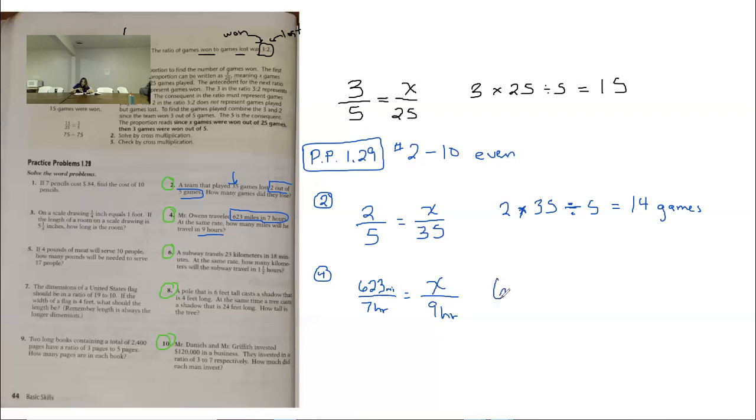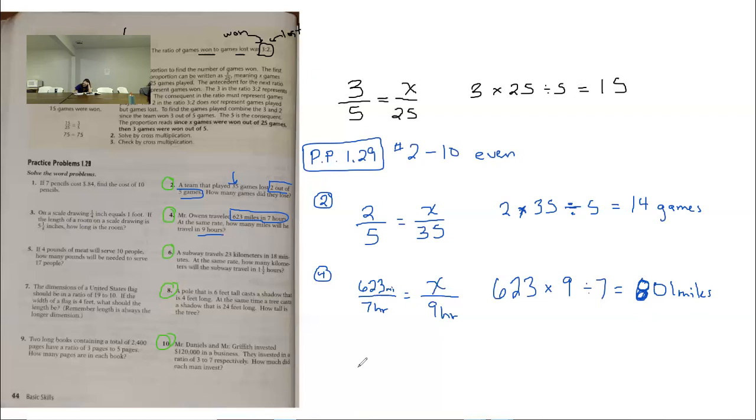All right, so he probably typed in 623 times 9 divided by 7. 801 miles.